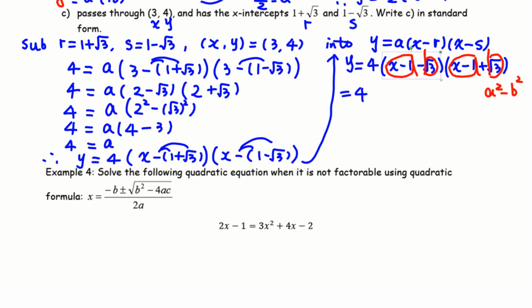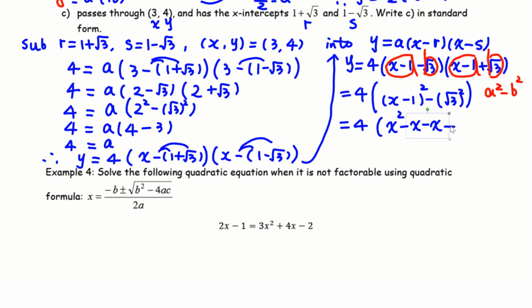So we are going to see bracket a is x minus 1 bracket squared, b is square root 3 squared. Then we have 4. This x minus 1 times x minus 1 gives you x squared minus x, then minus x plus 1.